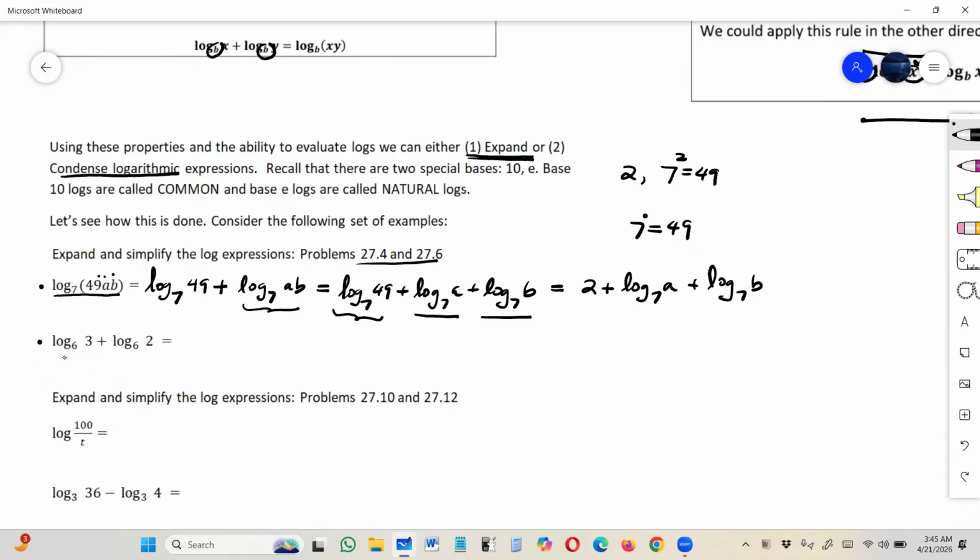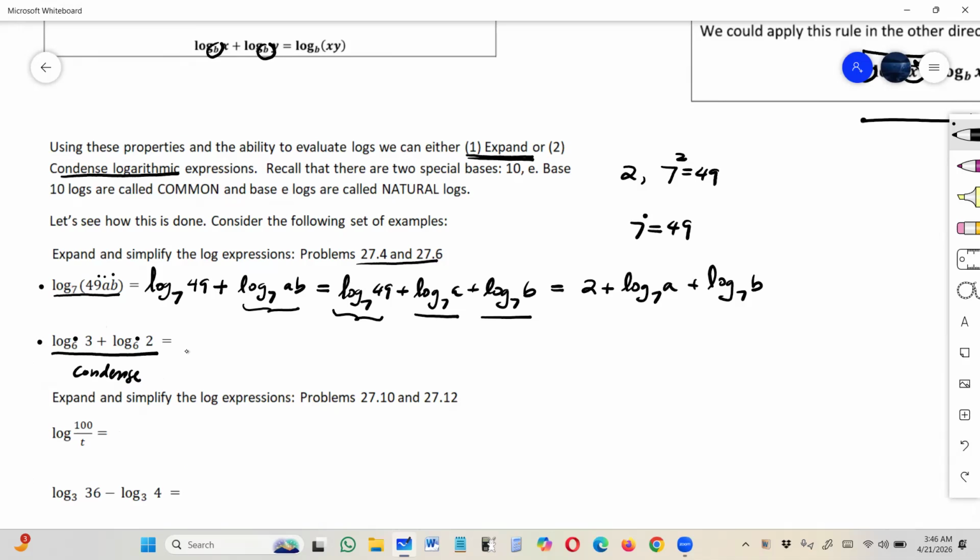The next problem is exactly the opposite. So we're not going to expand this. We are starting with two log expressions. So we want to condense the log. So this is the product property in reverse. Now, this can only be worked if the two bases are the same.